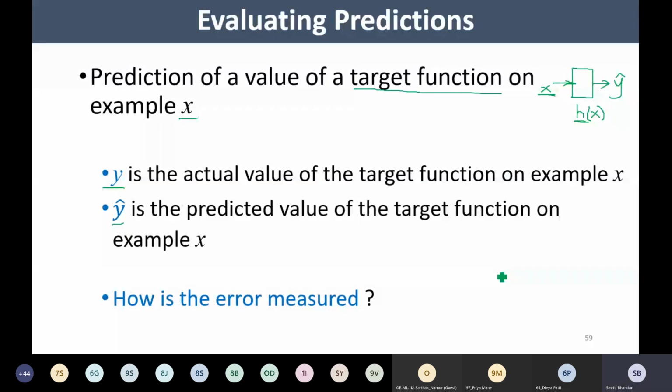So y is the actual correct value and y hat is the predicted value. Based on these two values, I am going to find out the error.